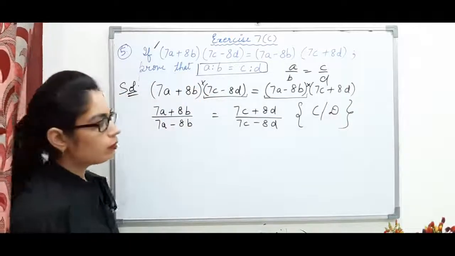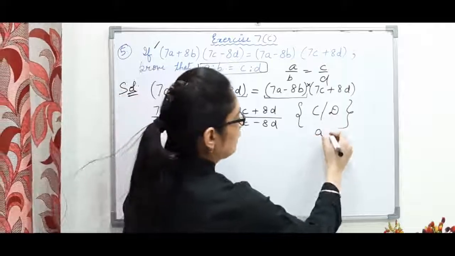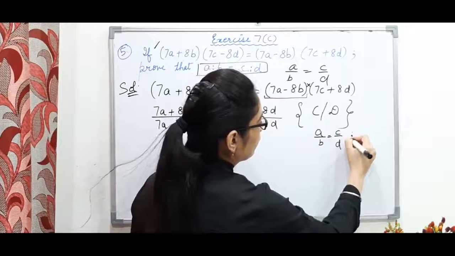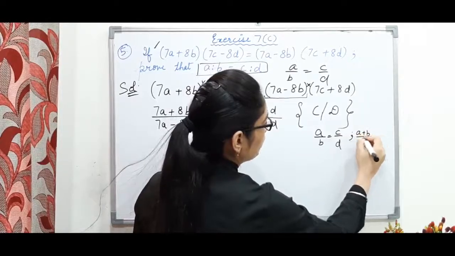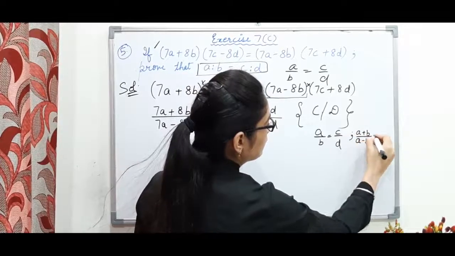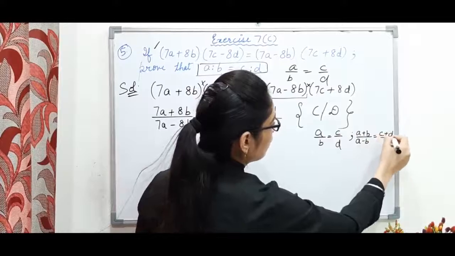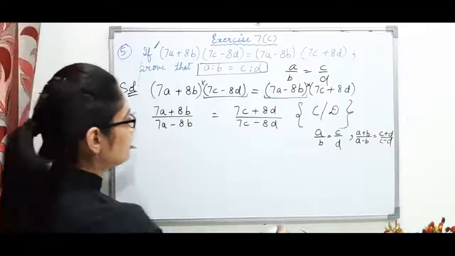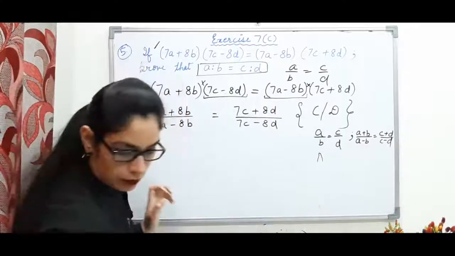According to componendo and dividendo, if A by B is equal to C by D, then (A + B) upon (A - B) is equal to (C + D) upon (C - D). So I will write A, B, C, D, because accordingly we have to substitute.